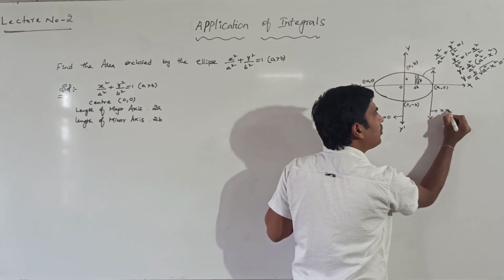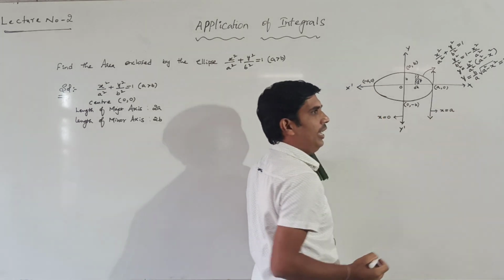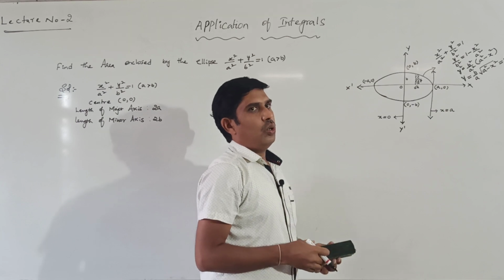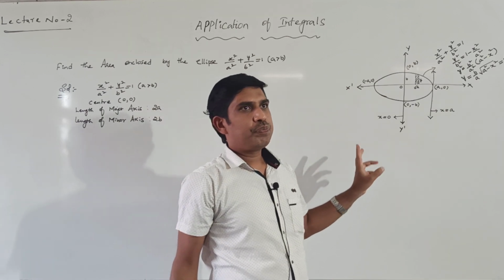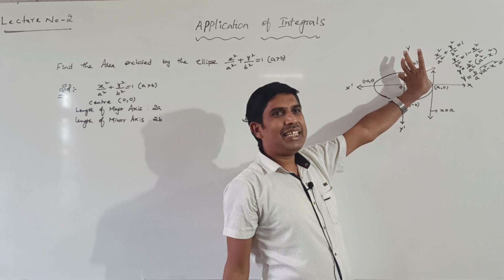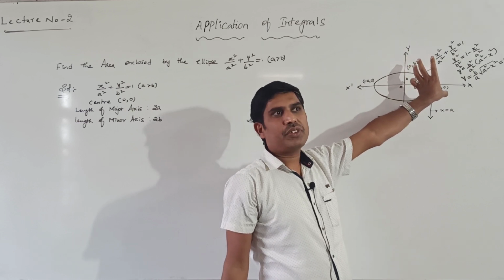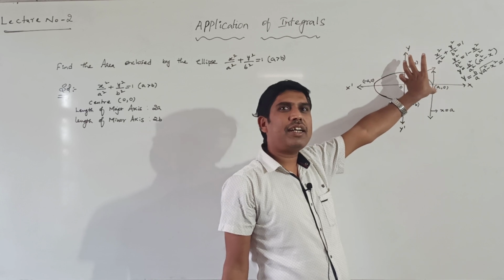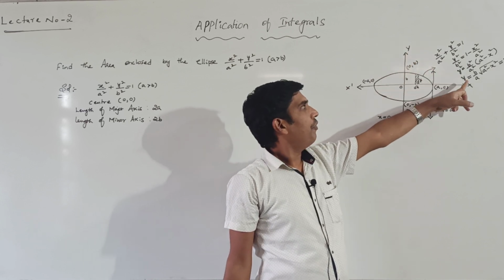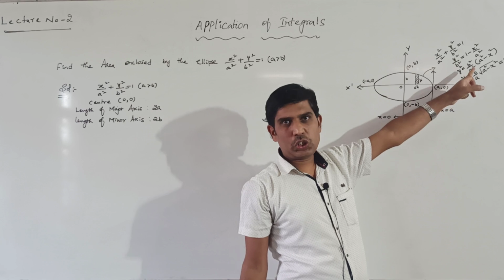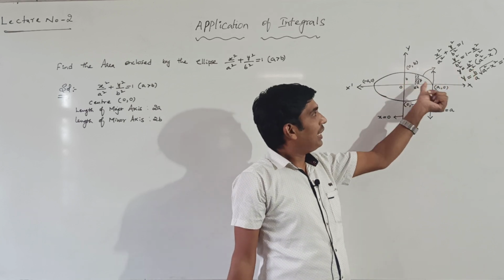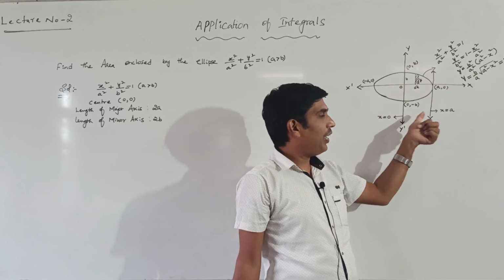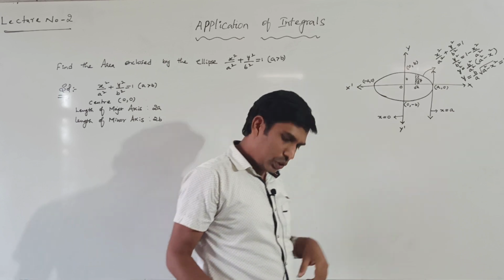The equation, nothing but x is equal to a. So this part's area we have to find out. This part is nothing but the area of the region bounded by the curve y is equal to f of x with x-axis in between particular limits.